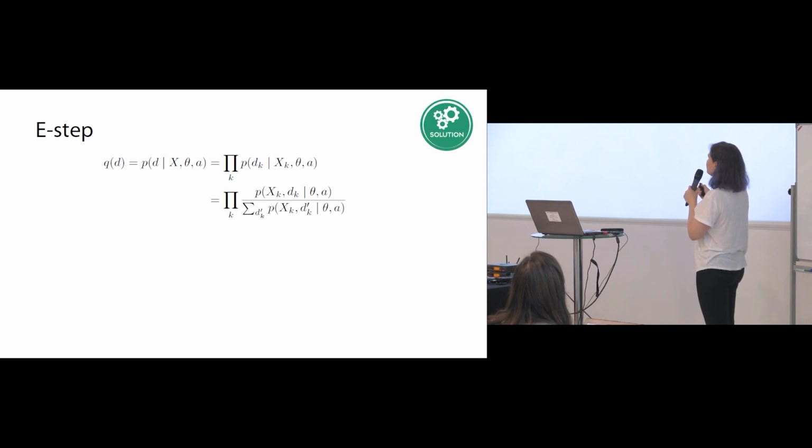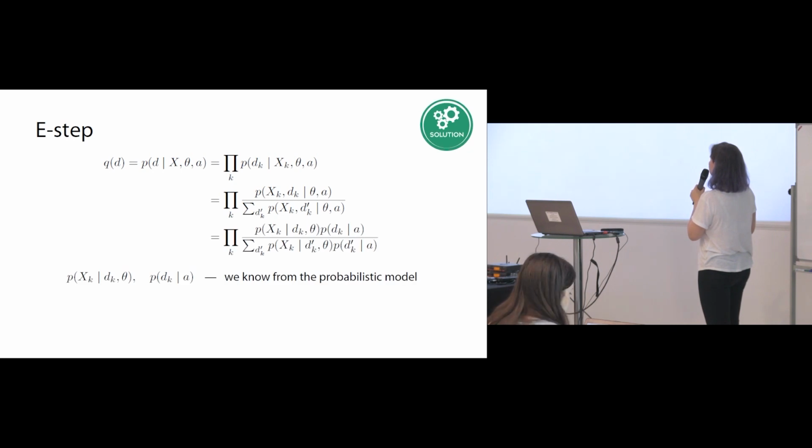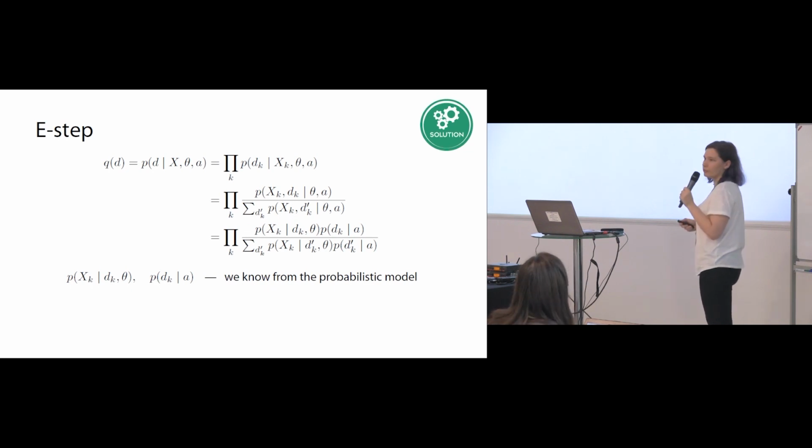First, the product rule, or definition of conditional probability, and then the sum rule for the denominator. Then we simply use the fact that we first generate the latent variable and then we generate the image. Here you have two different probabilities and you know them from the probabilistic model.